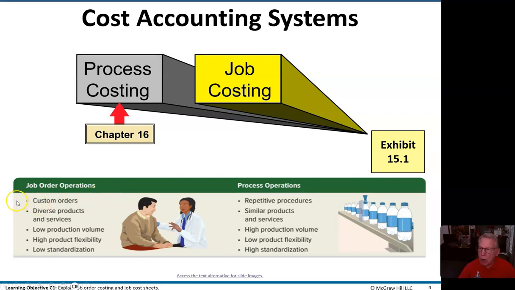These are more custom orders, diverse products and services, maybe low production volume, high product flexibility, and low standardization. Whereas with process operations, we have repetitive procedures, similar products and services, high production volume, low product flexibility, and high standardization.